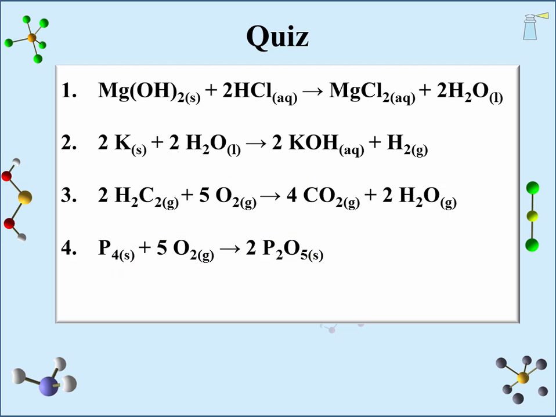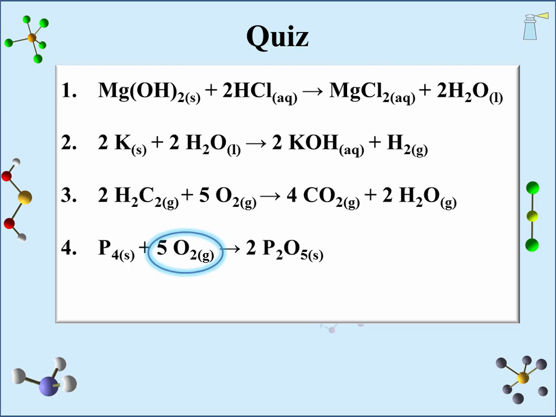The fourth reaction has tetraphosphorus or white phosphorus reacting with molecular oxygen to form diphosphorus pentaoxide. None of these compounds are ionic. There is a free element on the reactant side, but nothing is replaced. One of the reactants is molecular oxygen, but the products do not contain CO2 and water.